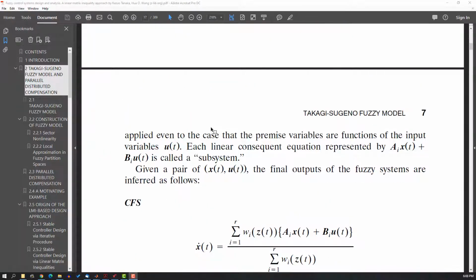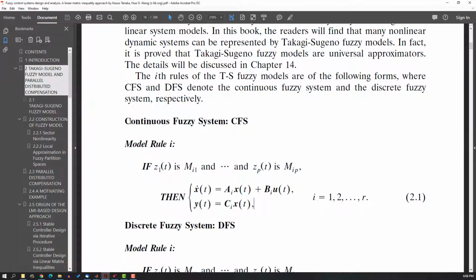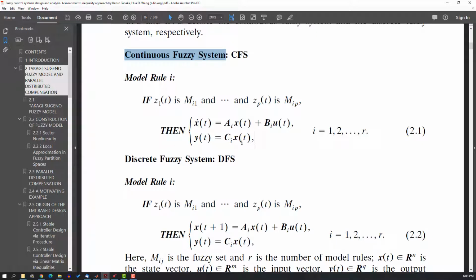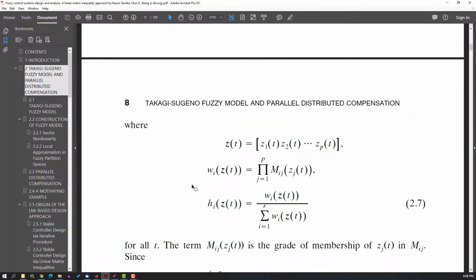We should just focus on the continuous fuzzy system to have some ideas about fuzzy first, and then you can go to discrete or something like that.